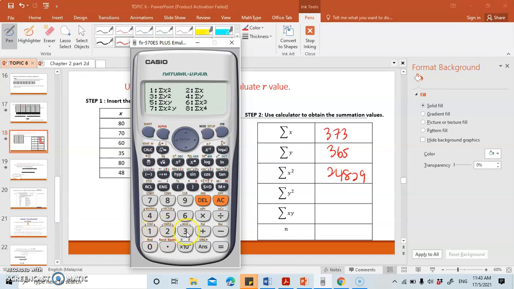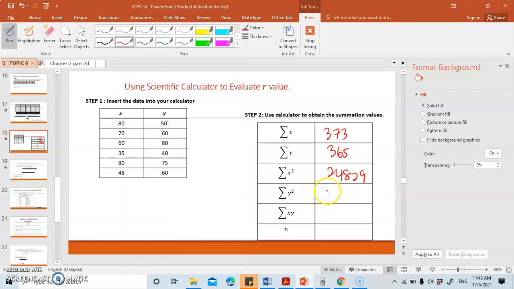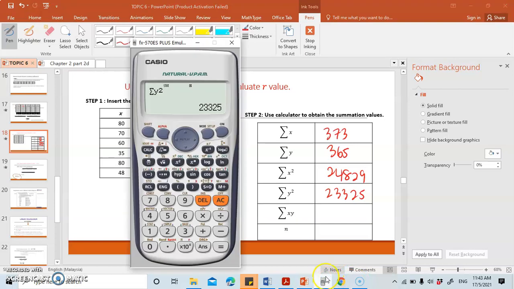Repeat the same process to get the other summation values. Total y squared is 23325. Then we want the total xy, which is number 5. Total xy is 23280.